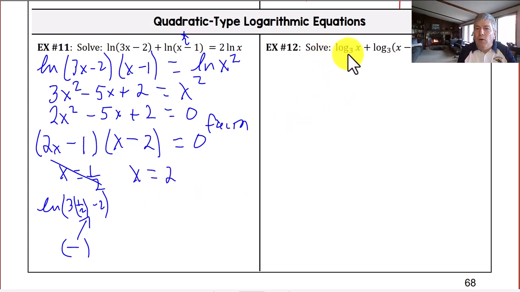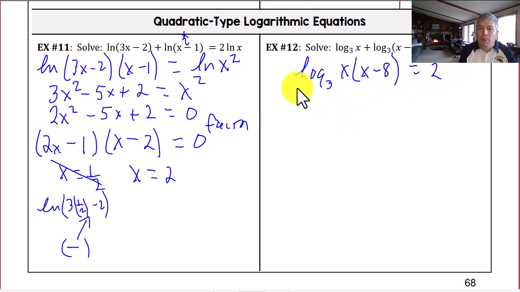In example 12, now I only have logarithms on one side of my equation. So let's see what that's going to look like and what we're going to have to do here. But I have addition, so I'm going to apply my properties of logarithms, and I'm going to get log base 3 of x times (x minus 8) equals 2.